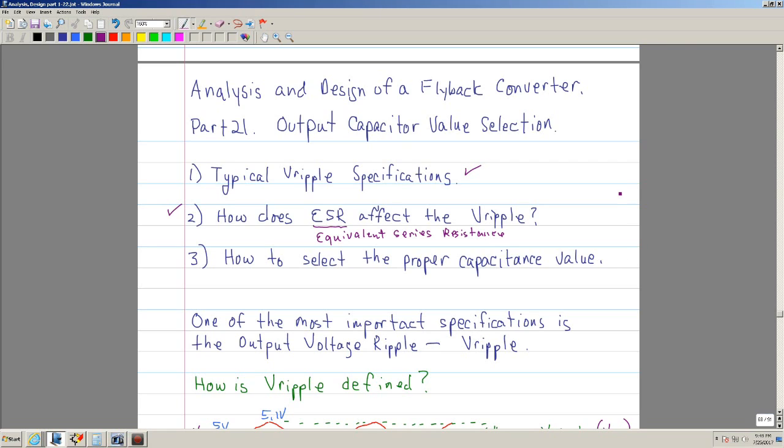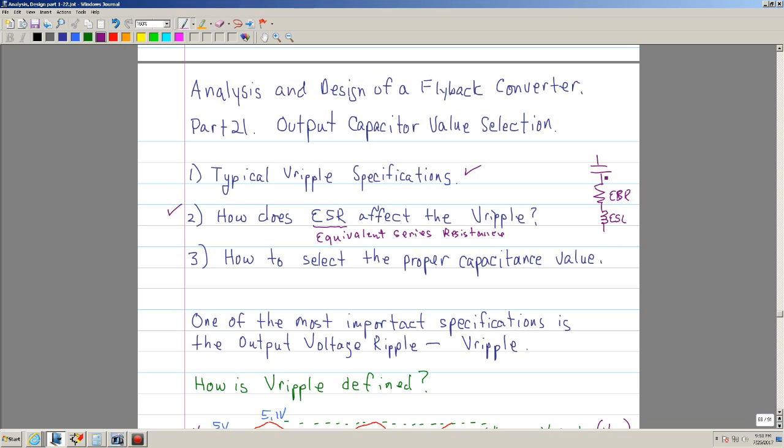Okay, so basically all capacitors have the capacitance, and then you have a resistor, ESR. And in some cases, if you have long leads, you might even have equivalent series inductance. I'll just put a little L for inductor.